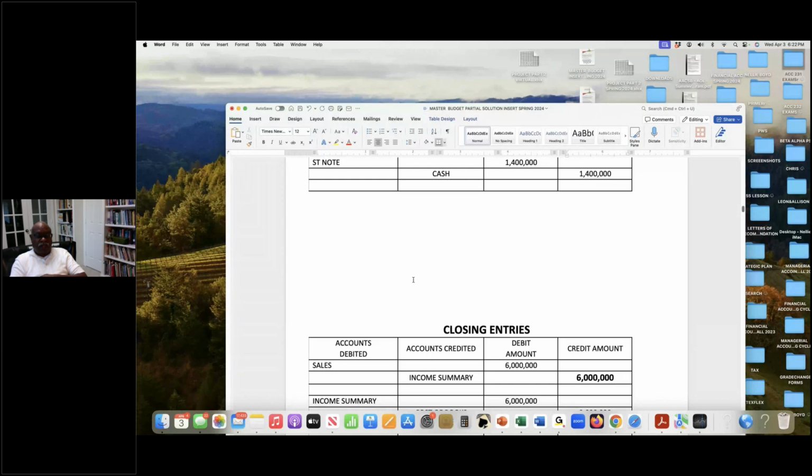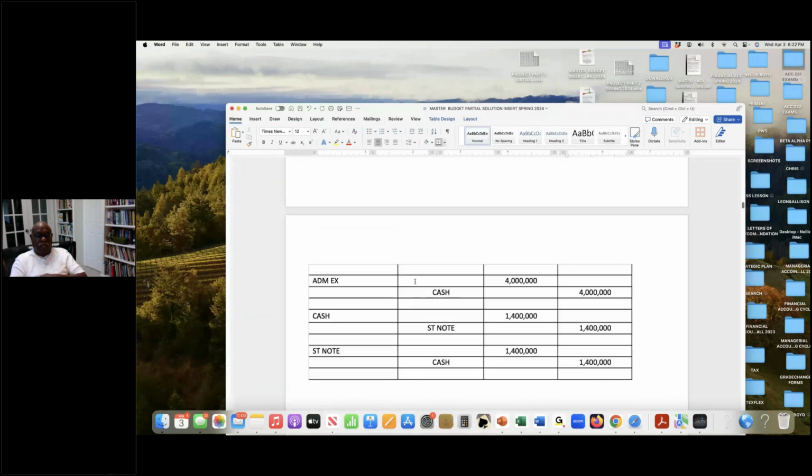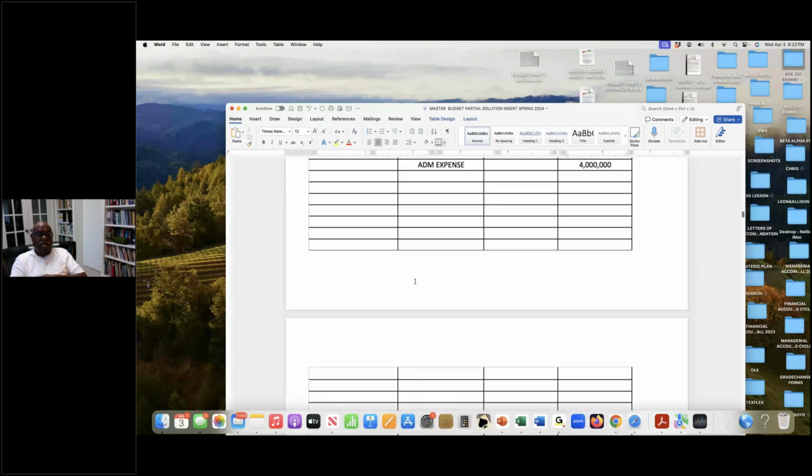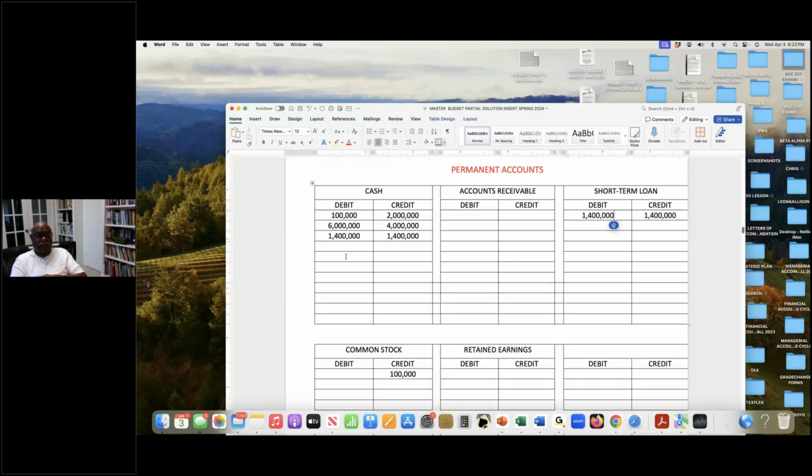Now we need some closing entries. But let's look at our accounts now. How much do we have in cash at this point? What's the balance in cash? How much money is in the cash account?